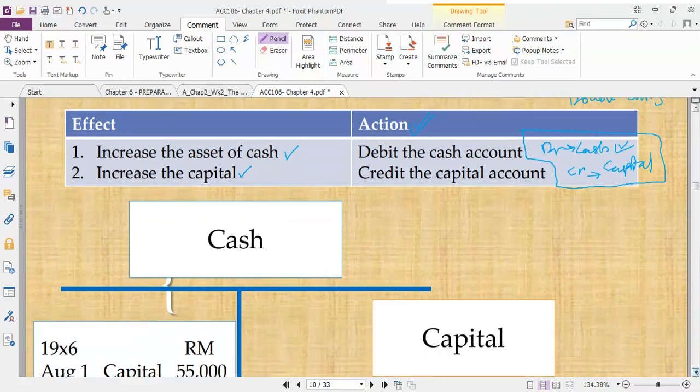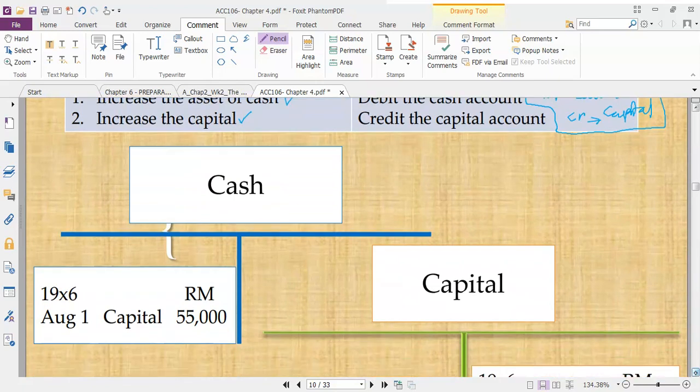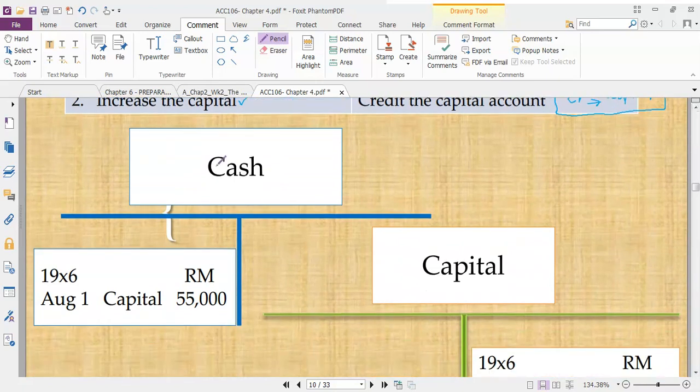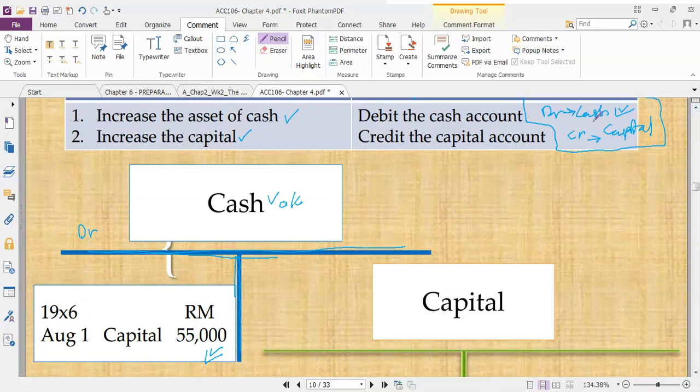So let's look how the ledger looks like. Okay, so this is the account for cash. We must put, okay, this is the title of the account itself. We have T ledger, and then on the debit side we put 55,000, because we already know the double entry is debit cash.